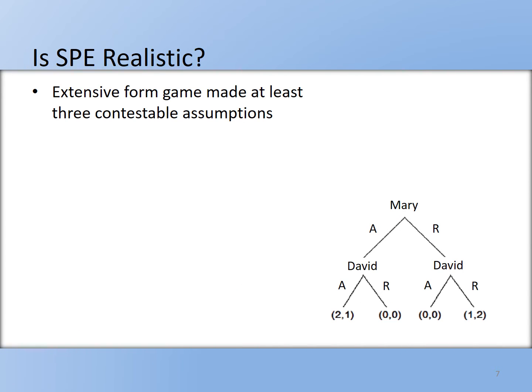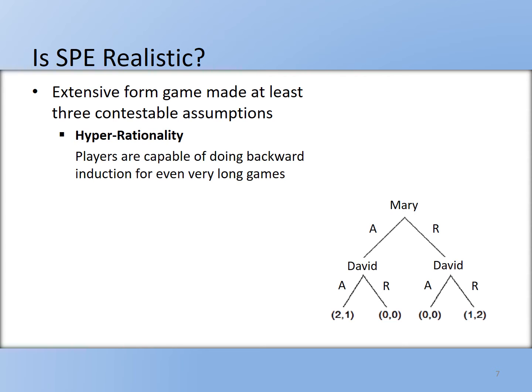Okay, now back to whether it's realistic. So the extensive form game made at least three contestable assumptions. One is what we call hyper-rationality. Players are capable of doing this mental process of predicting what the other players would do, even for very long games. In this course, we only deal with games that are at most three layers deep.